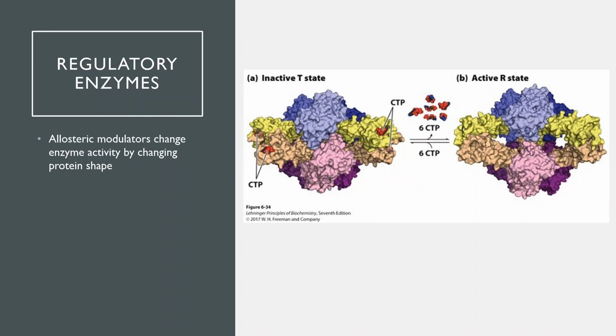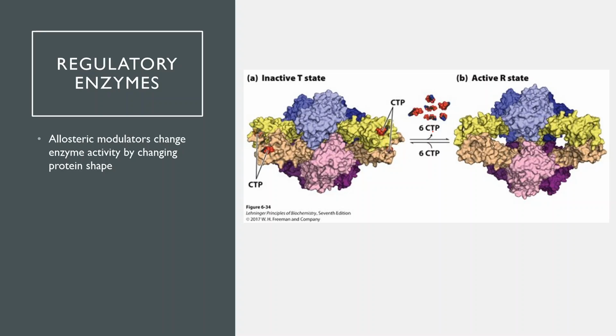This is common when you have what we call feedback inhibition. Sometimes when an enzyme produces a product, either the product itself or something that is made somewhere downstream in its pathway can act as a negative modulator. So this is an example. This is an enzyme, and I forgot what the enzyme is, but it produces a product that can eventually be converted after several steps into molecules of CTP.